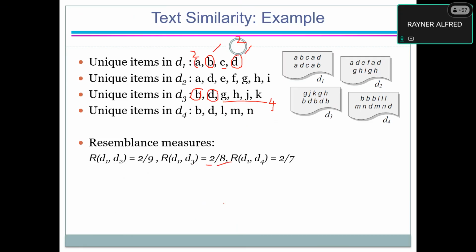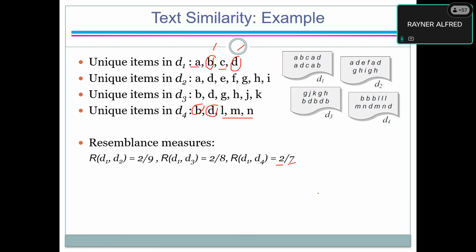So that's why we get 4 here. For D1 and D4, we have 1, and then D, so we have 2, and the unique terms will be 3 plus 1 plus 1, 5, plus 1, 2, so 7.